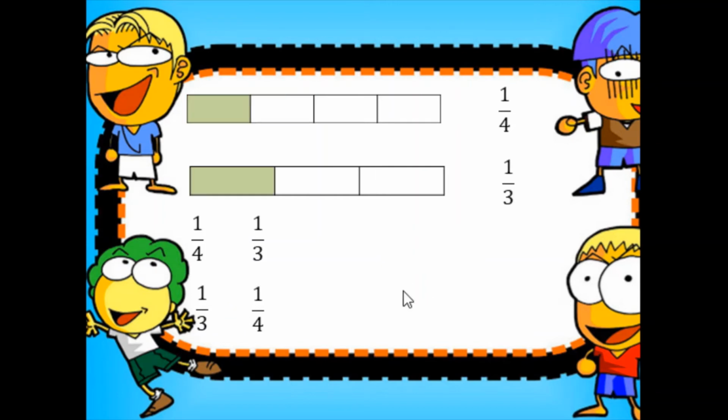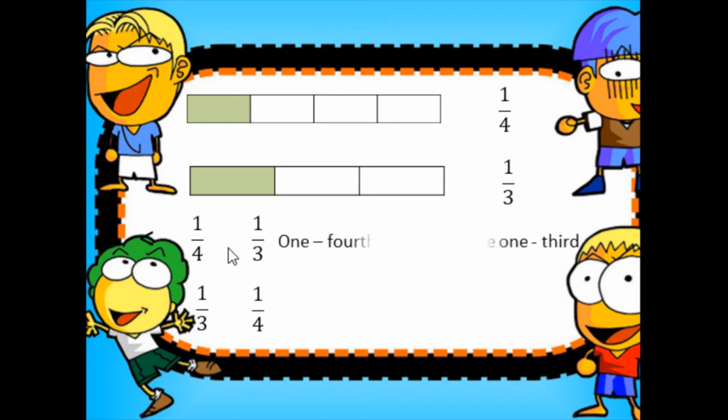But if our denominators are not the same, or if we have unlike fractions, it's quite difficult. Why? Good thing if there is a picture, but if there's no picture, it's hard. It's not easy to compare which one is bigger or which one is smaller.